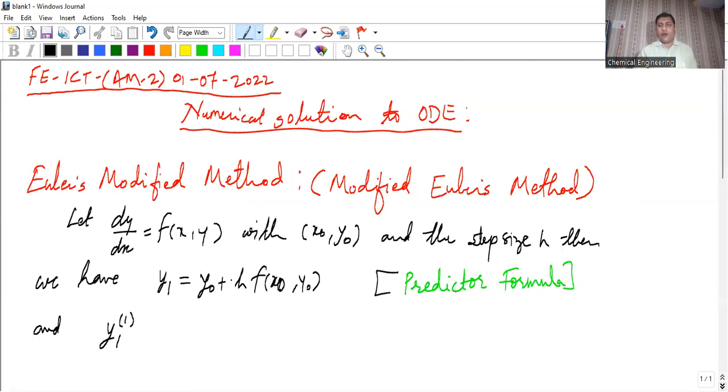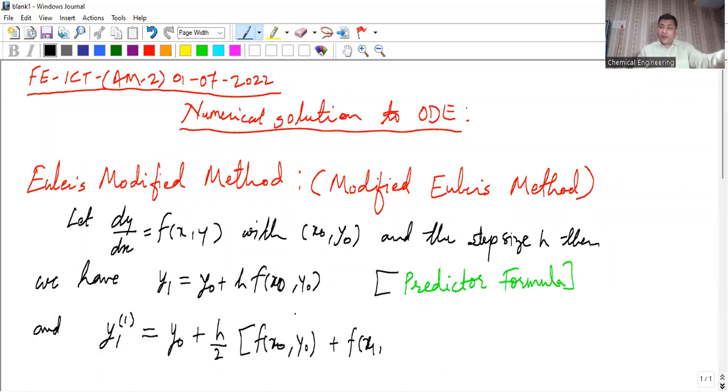So here we are getting y1, but that is again an approximate value. We want a more accurate value. That's why this is going to be the first correction to y1. And what is the first correction to y1? It is y0 plus h by 2 times f of x0, y0 plus f of x1, y1. In Euler's method, we do not use x1 to find y1.